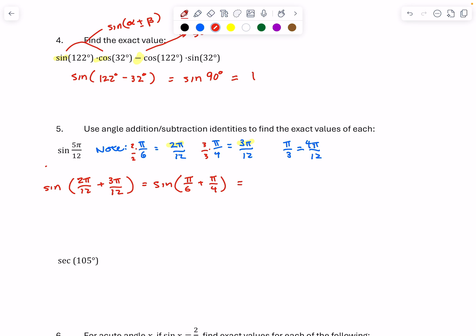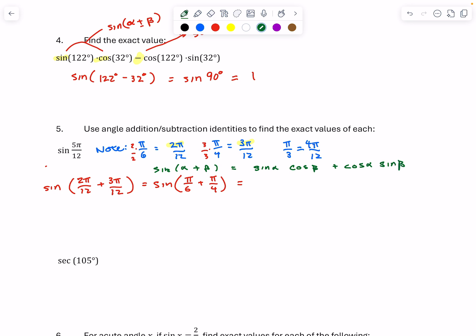Okay, then we look up the sine formula. Sine, I'll write that in green. Sine of alpha plus beta is sine alpha cosine beta plus cosine alpha sine beta.